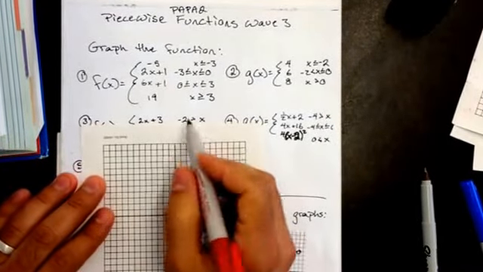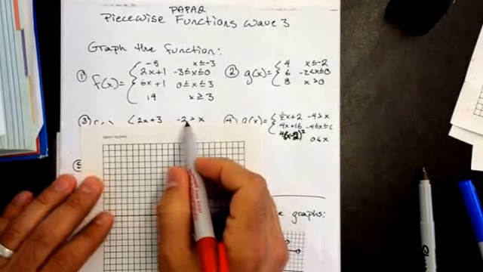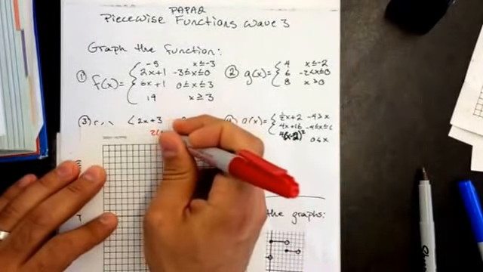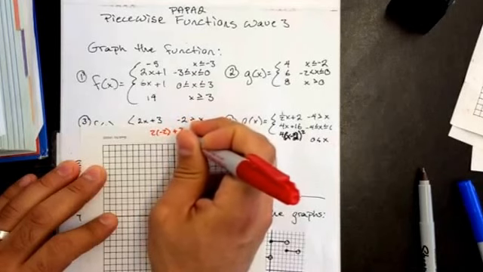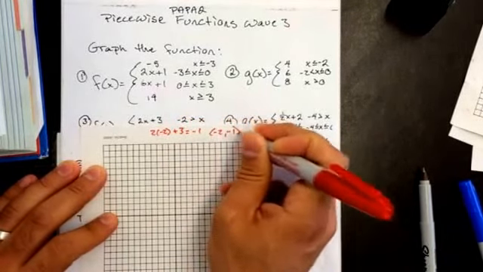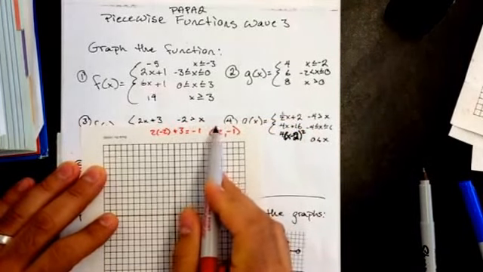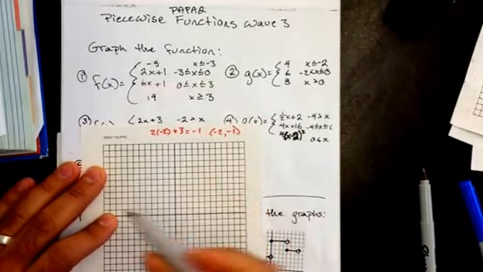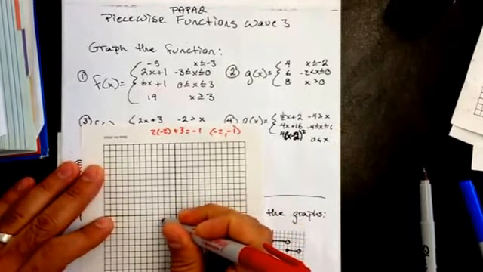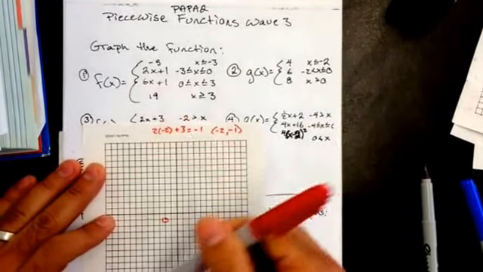The next one follows the rule 2x plus 3 when x is less than -2. So I'm going to go to -2. 2 times -2 plus 3 is -1. So I have a point at -2, -1. Now this one doesn't give me a starting value, it's just the ending value, meaning it ends right here, but I don't know where it starts.